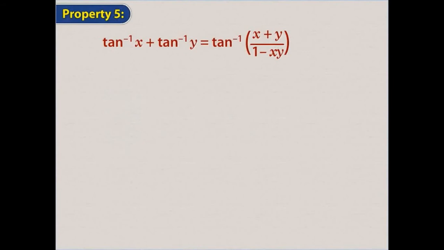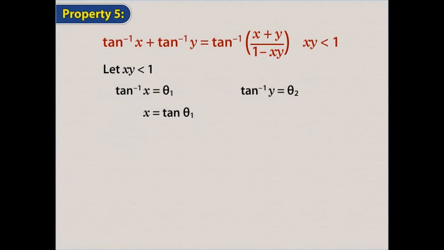Property 5. Next in the series, we need to prove that tan inverse x plus tan inverse y equals tan inverse of x plus y within brackets whole divided by 1 minus product of x and y with the condition xy is less than 1. Let xy be less than 1. Let tan inverse x equals theta 1 and tan inverse y equals theta 2. Then, x equals tan theta 1 and y equals tan theta 2.